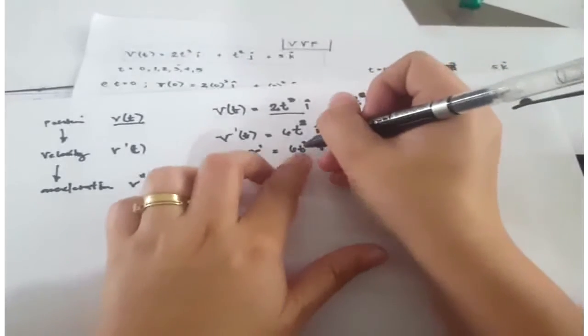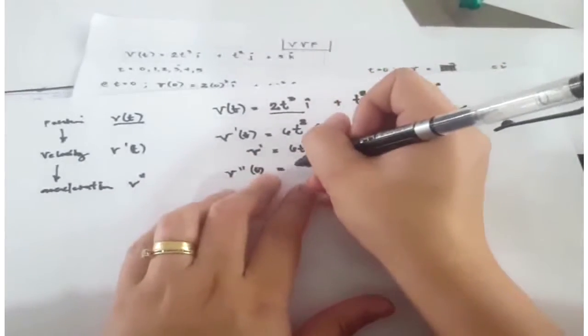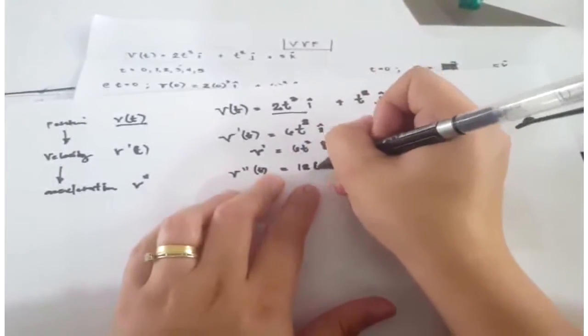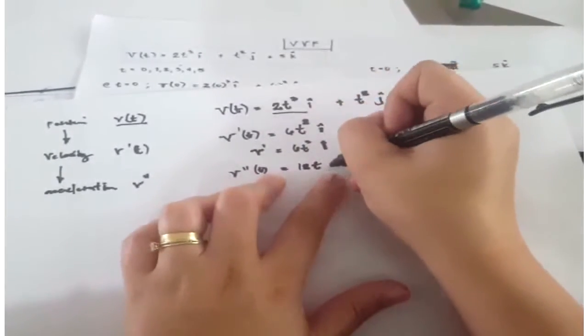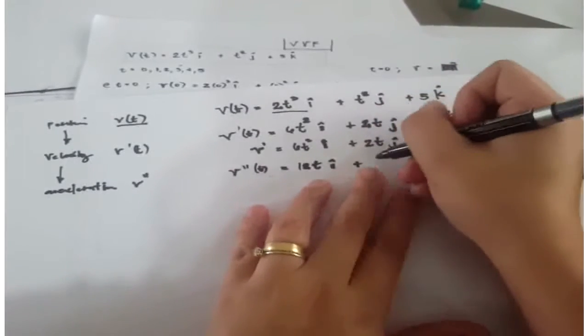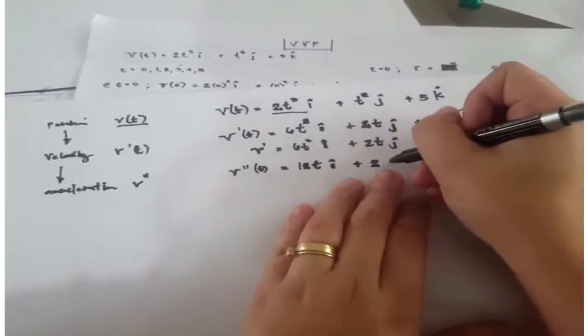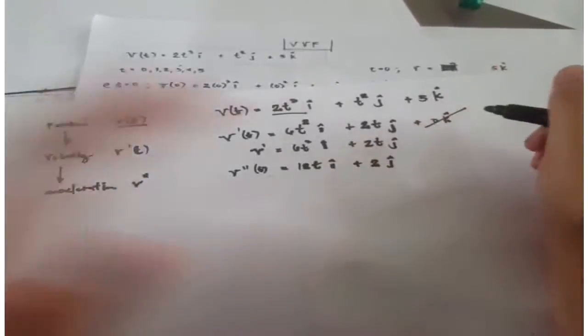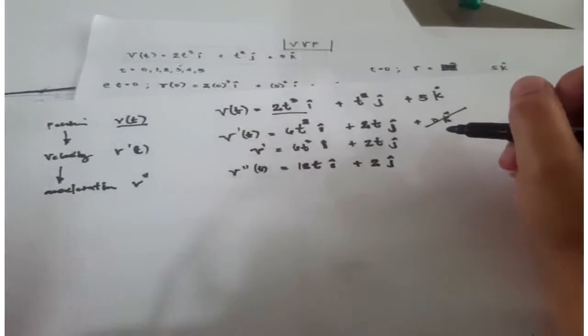Okay. So we have 2 times 6, we have 12t raised to 1 I plus the derivative of 2t is just simply 2j and then nothing. Okay?